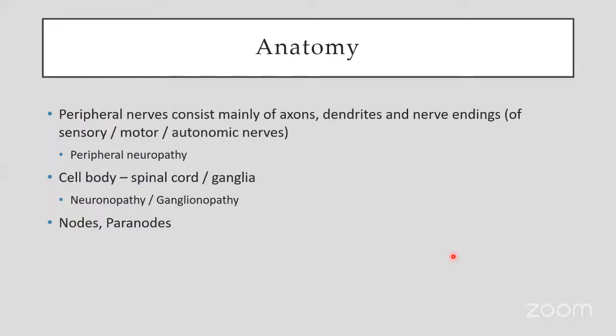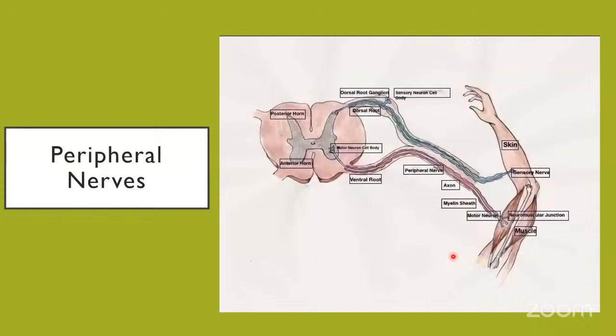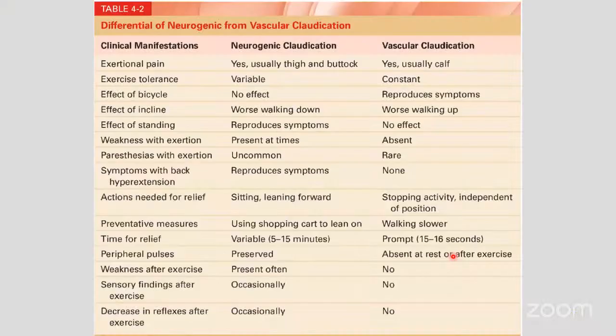Dr. Ratnesh, just to bring that point of neurogenic and vascular. Whenever there is leaning forward in neurogenic claudication, the history is, in vascular claudication, the activity stops and the patient feels better.